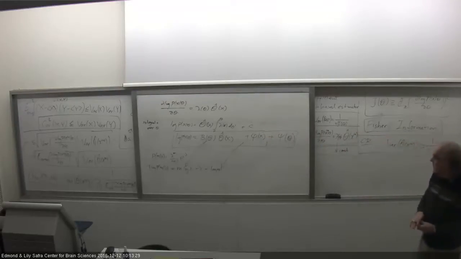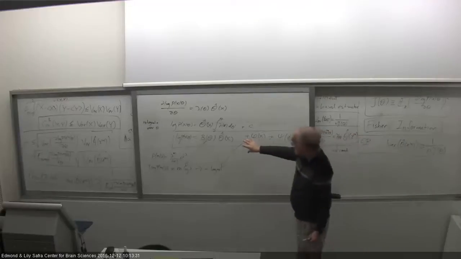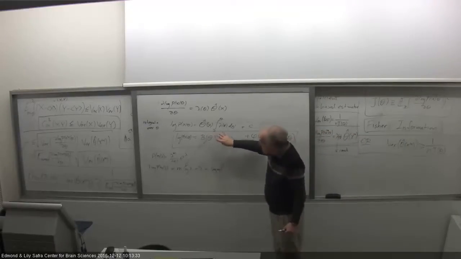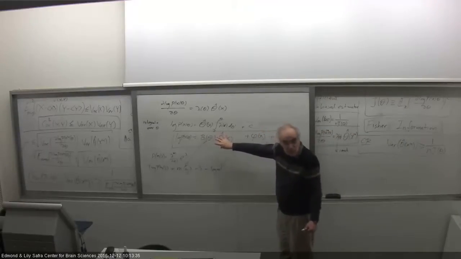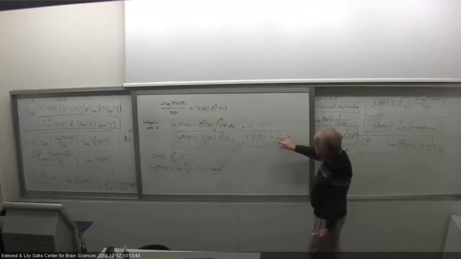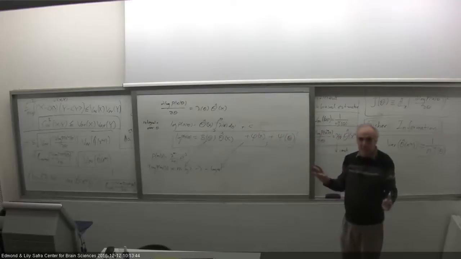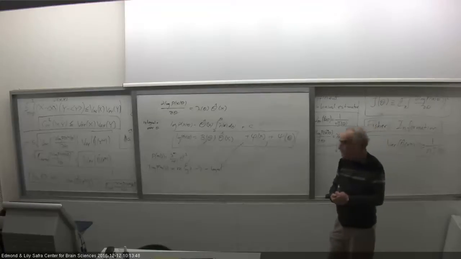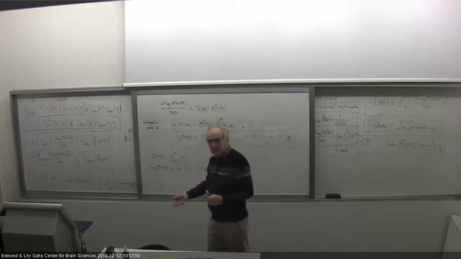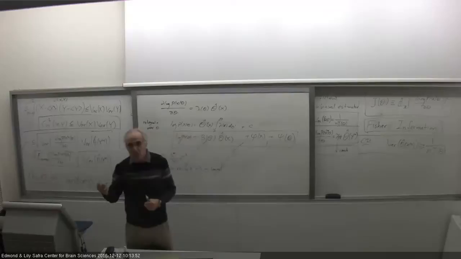So anything where I can take the log and find that it factorizes into sums of products of functions of the parameters times functions of the variable, plus maybe functions of only the variable or only the parameter, then I'm in an exponential family. It's called exponential form. So Poisson is one, Bernoulli is another, Gaussians, chi-square, all of those you can easily check.